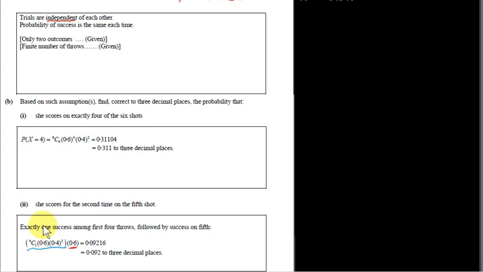But in this binomial distribution, n equals 4. p, the probability of a success, is 0.6 as before. 1 minus p then is also 0.4 as we've seen already. So here we want the probability that x equals 1. So we want her to score once among 4 throws.